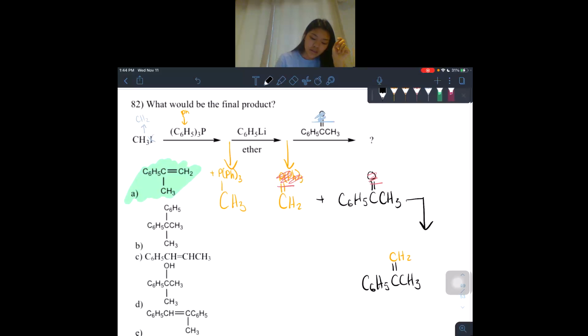So then, C6H5CCH3, double bond, paste on the CH2. And then you could skip over the steps of making the ylid. But if that doesn't work for you guys, no big deal. Do it the other way, perfectly fine, whatever gets you the right answer.